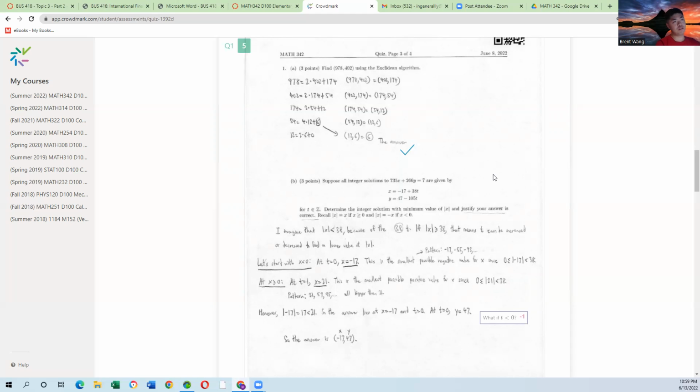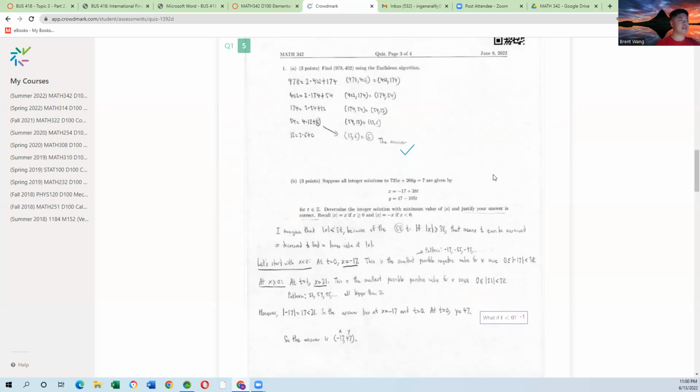If the absolute value of x is bigger than 38, then it's pretty obvious you can reduce the congruence to something less than 38. So if x was, say, 49, then that's congruent to 11 mod 38. I'm not saying x is 49, I'm just saying if it was.